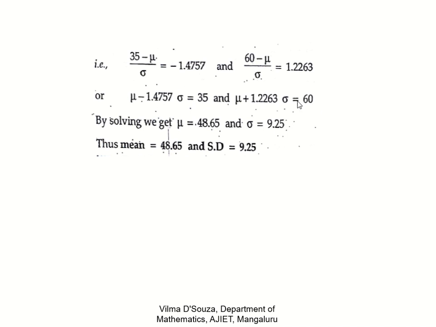So you have two equations for two unknowns. What are the unknowns? Mu and sigma. You know how to solve two equations in two unknowns. Solve both the equations. You will get mu is equal to 48.65 and sigma is 9.25.